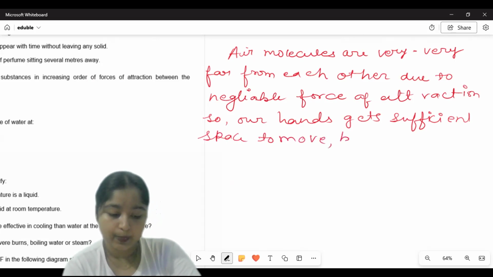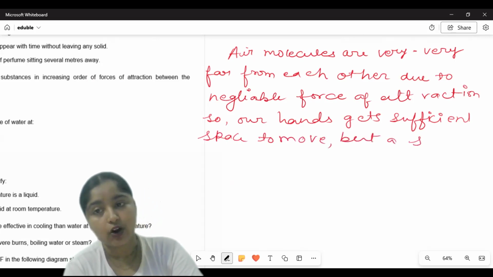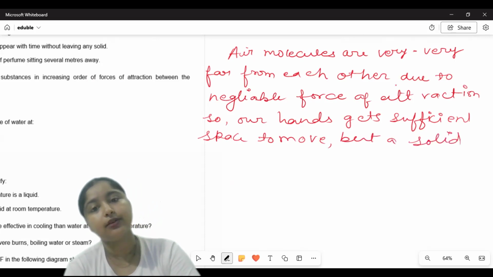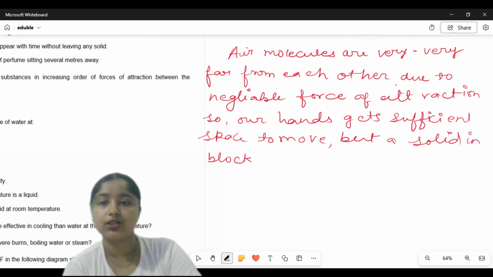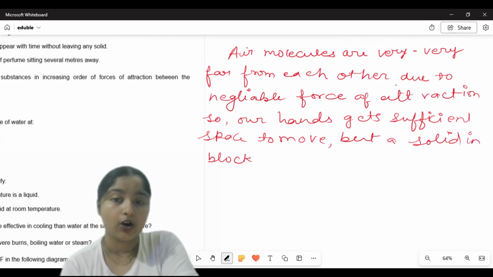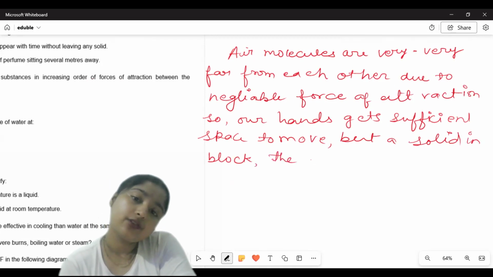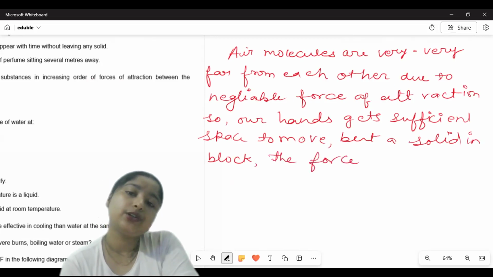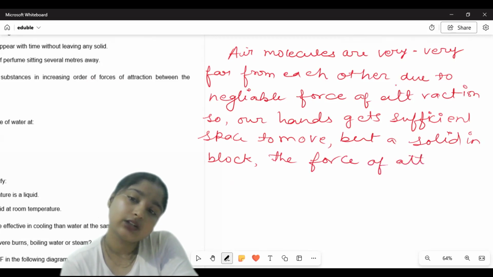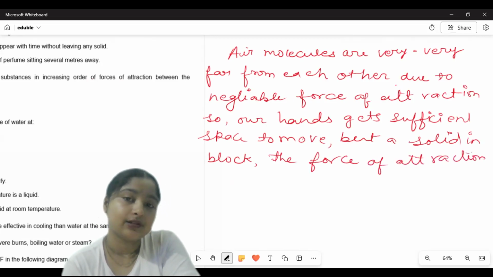but in a solid block, the force of attraction is very high, right?